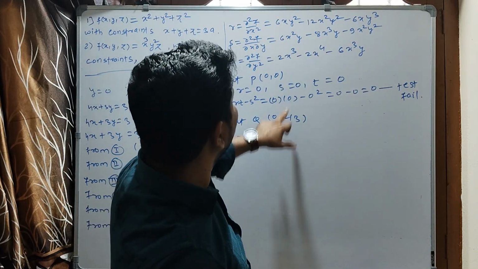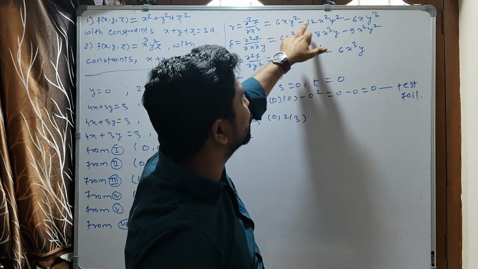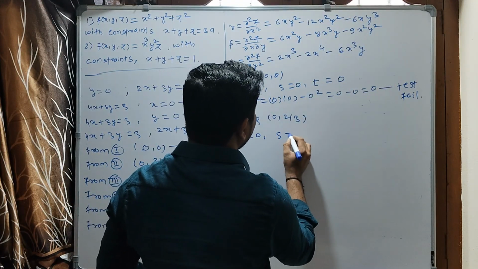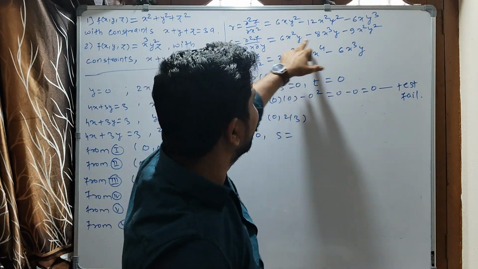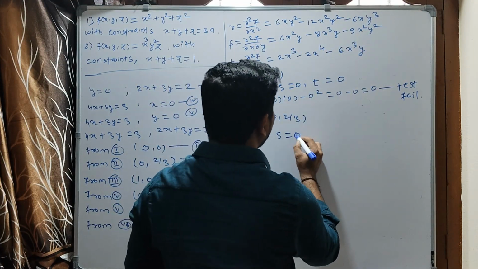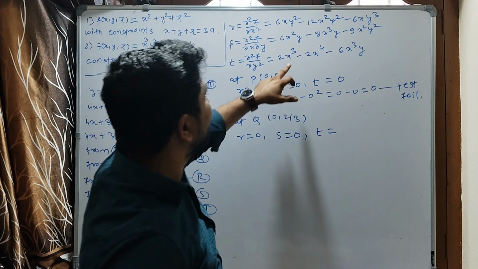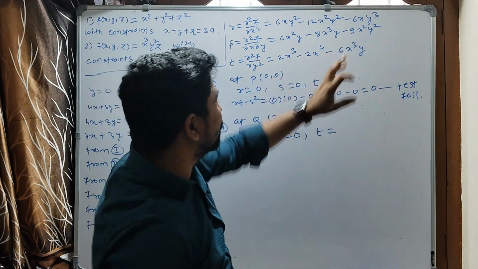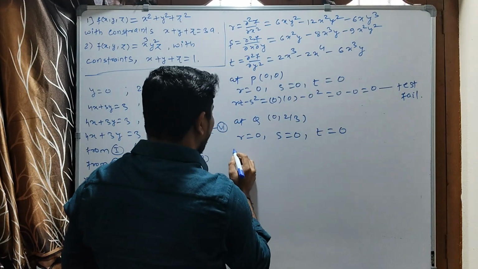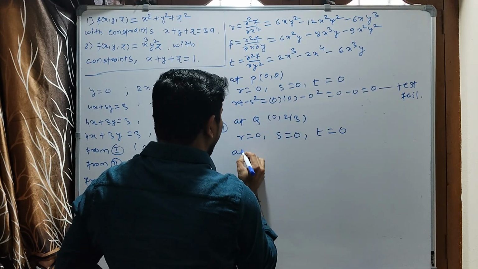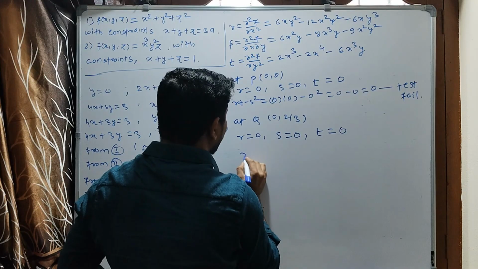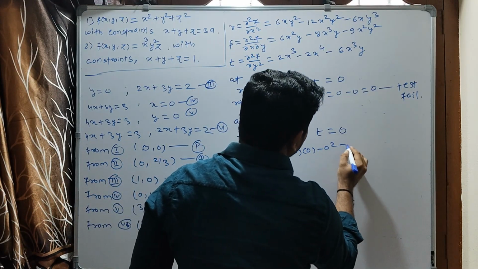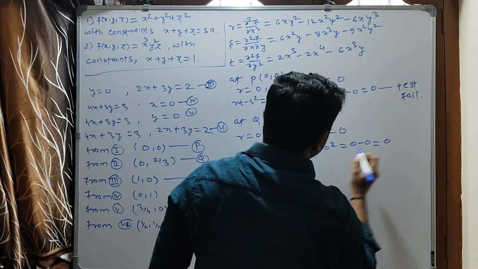If I put x equal to 0, the complete term is 0, since 0 into anything is 0. So r is 0, s is 0, and t is 0. Therefore rt minus s square equals 0 into 0 minus 0 square, which is 0 minus 0, which equals 0.